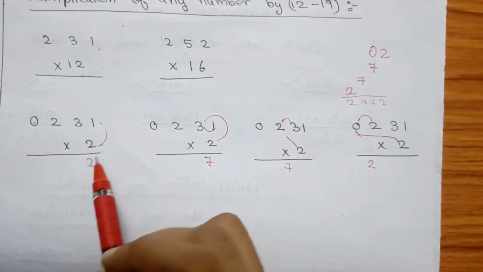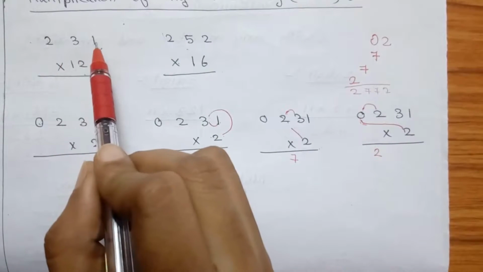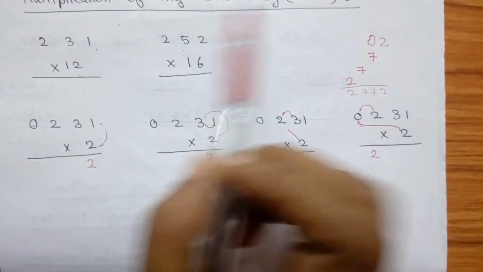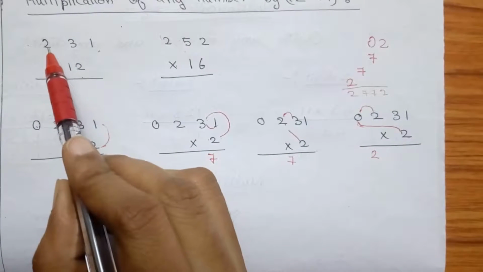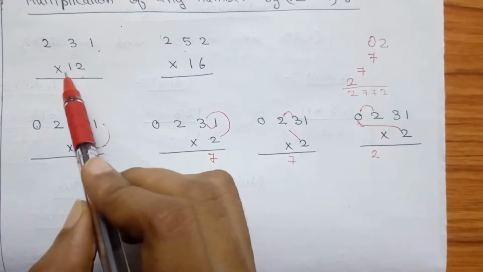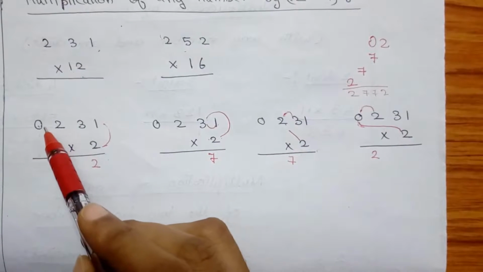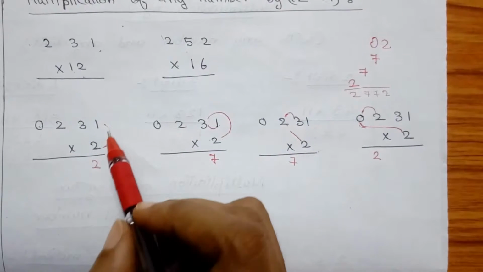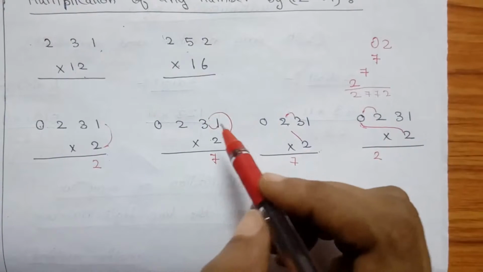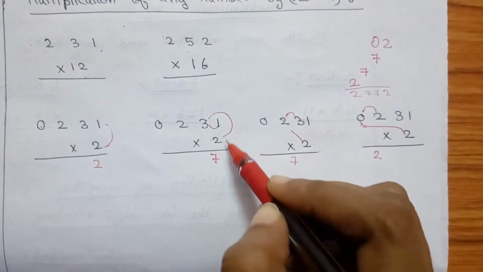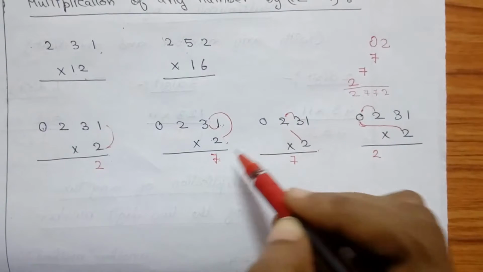I'll repeat the steps again, for multiplying any 3-digit number by the numbers between 12 to 19. I have an example over here, 231 into 12. I have taken this number 1 and replaced it with 0 over here. For the first step I have multiplied the first two numbers and got the answer 2. For the second step I have multiplied this 3 into 2 and added the previous number, which is 1, and got the answer 7.